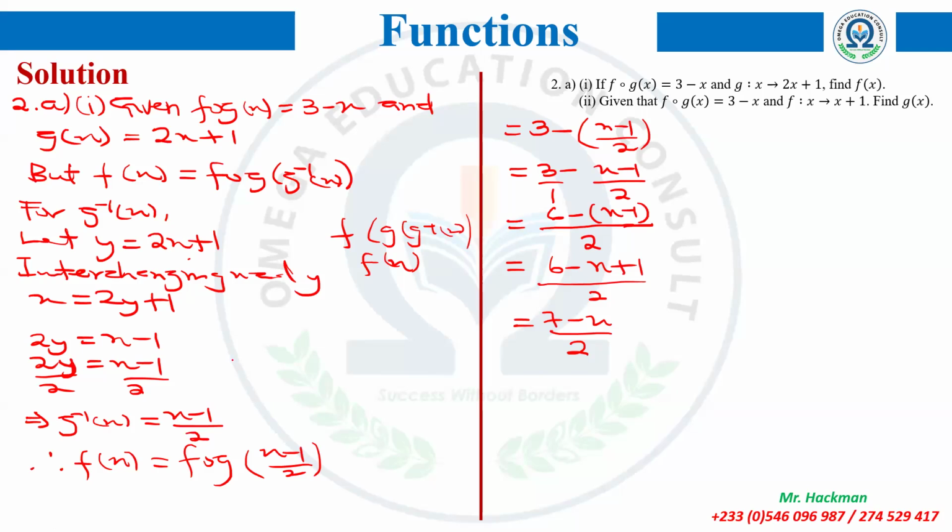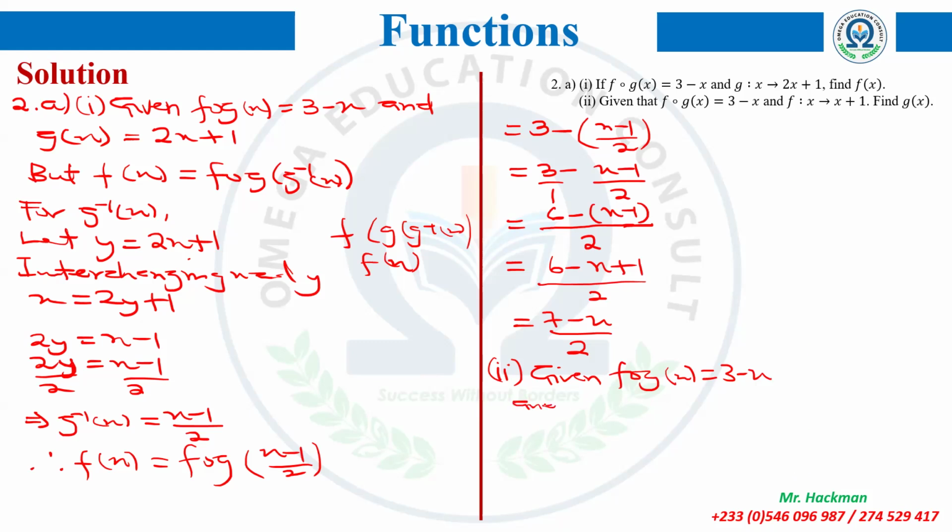So in this case, what do I have? I. That will always be very easy. What are we given? We've been given f of g of x to be equal to 3 minus x. I will come down because I want to use this space.